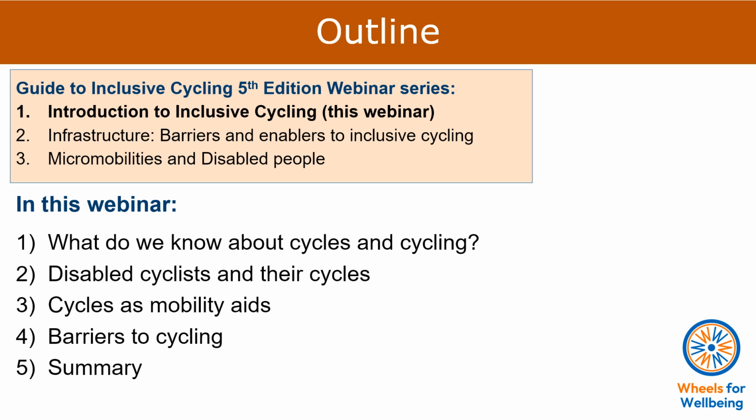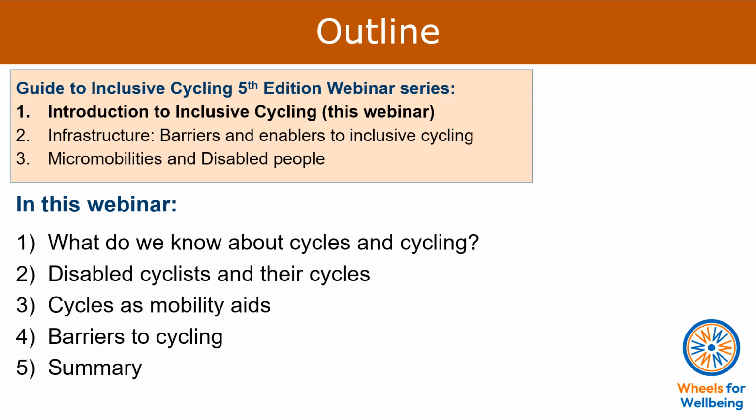So, with that disclaimer done, let's look at the outline of this webinar series and today's webinar. There are 3 webinars in the series that are intended to give some essential information from the Guide to Inclusive Cycling. The first one, that I'll be delivering with you today, includes everything that you need to know to have a foundational understanding about disabled people and cycling.